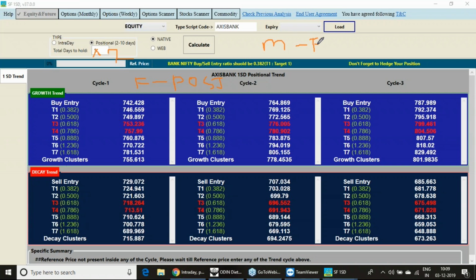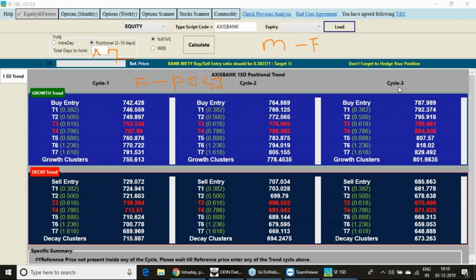The number of days is 7 because holidays also count, since money has a value. You earn interest on money capital on holidays also. For that reason it must be generated post market hour of Friday, with the number of days as 7, and used for the coming week Monday to Friday. So this is how you can generate the weekly levels.